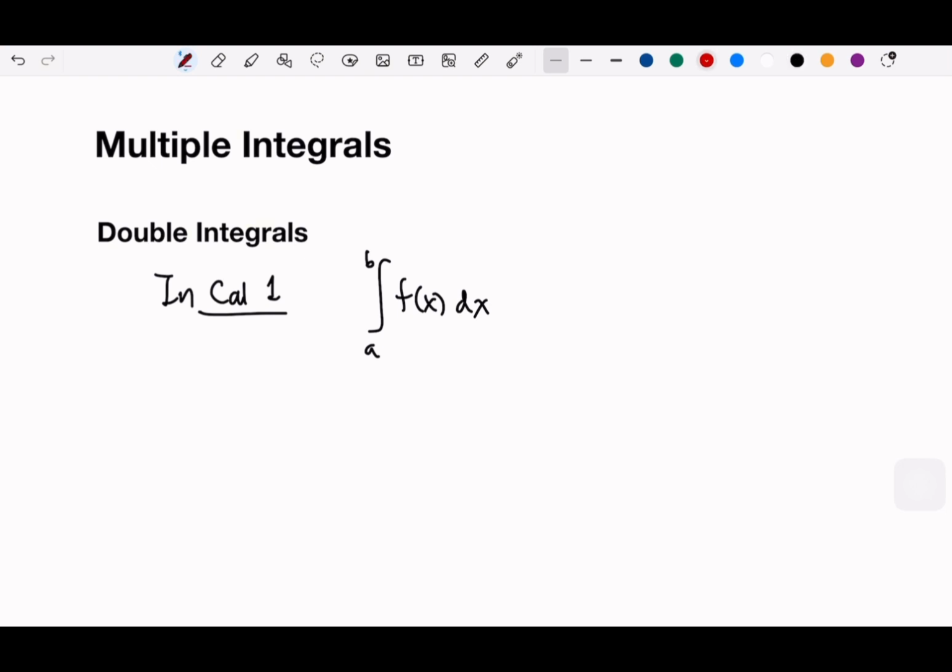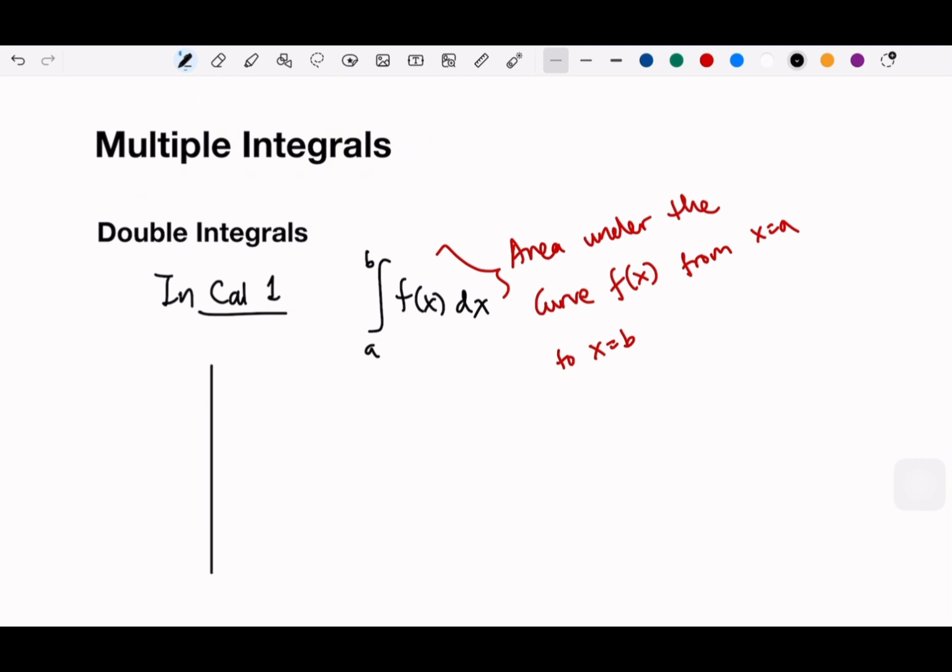So this is what we call, in visual, the area under the curve f of x, from x equal a to x equal b. Okay. So this is the representation in visuals for integrals. We can also draw this as, suppose that this is f.